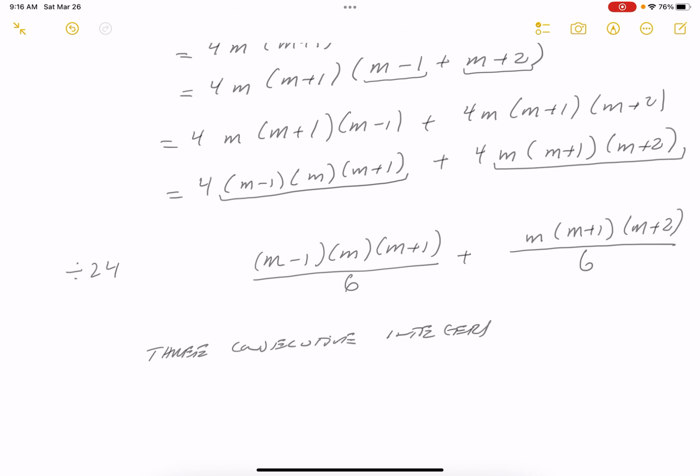Now, by the way, 3 consecutive integers are guaranteed to be divisible by 2. No doubt about it. Why is that? Because with 3 consecutive integers, it would be odd, even, odd, or even, odd, even. Definitely divisible by 2. Is it divisible by 3, though? Let's take a look.